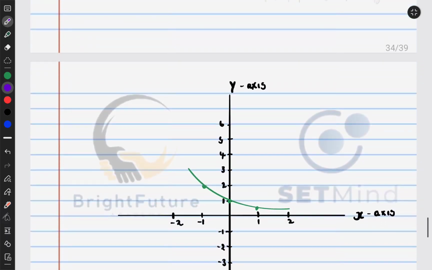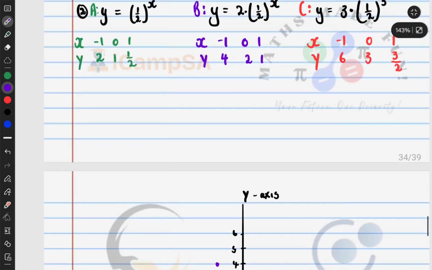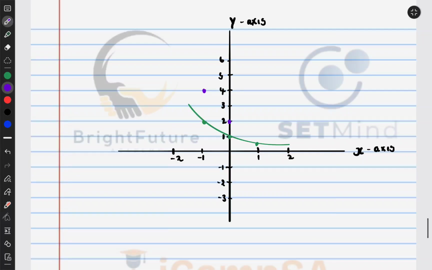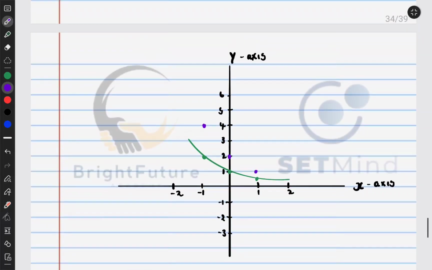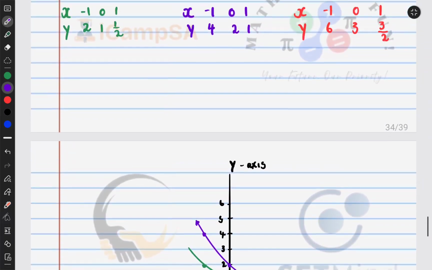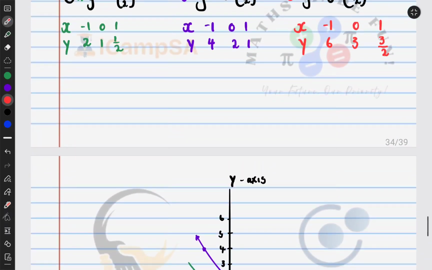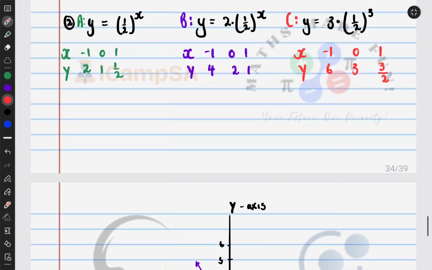We have -1 and 4, and then we have 0 and 2, and then we have 1 and 1. Hopefully you can already see that the function is stretched further away from the x-axis.